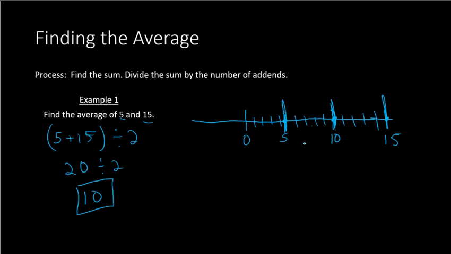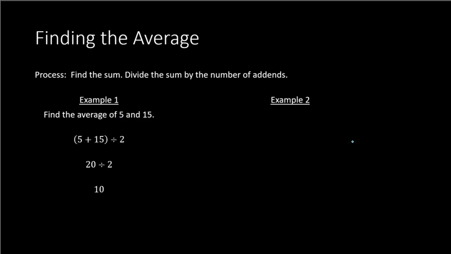But when you have more numbers than just 2, it's going to be harder to visualize, but the process will be the same. So let's take a look at example 2, where here we are to find the average of 3, 4, and 11. So your process, remember, is step 1, you find the sum, meaning you're going to add all these numbers together. So you add 3, 4, and 11 together.